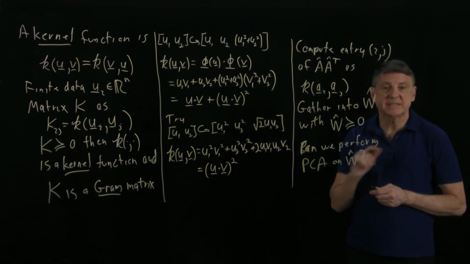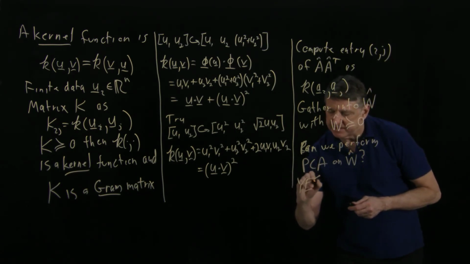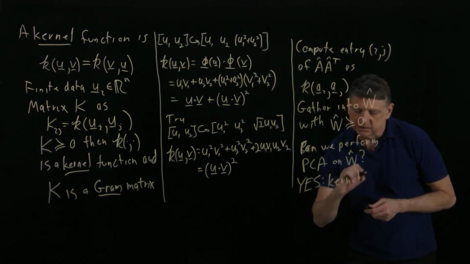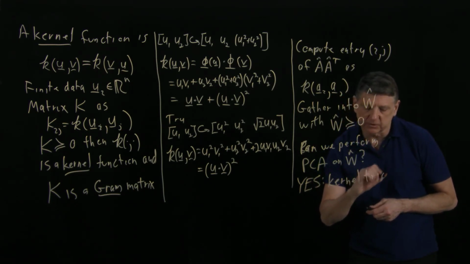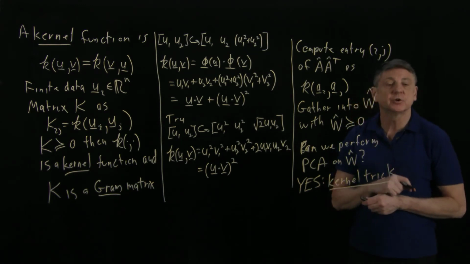And the answer is yes, and that is, let's put that in capital letters, YES, and this is called the kernel trick. So there are a couple of versions of the kernel trick depending on which algorithm, but this is the kernel trick for principal components analysis.